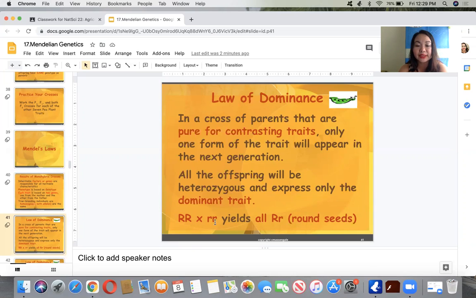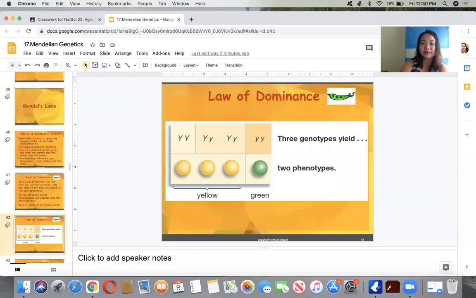The recessive is represented by the small letter r. This will yield all heterozygous but all brown seeds, because the capital letter R is dominant. So in the law of dominance, the 3 genotypes yield 2 phenotypes, the yellow and the green.